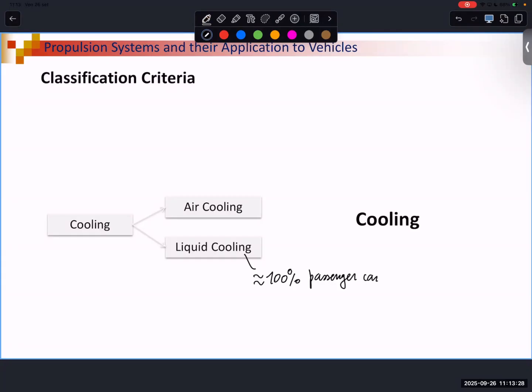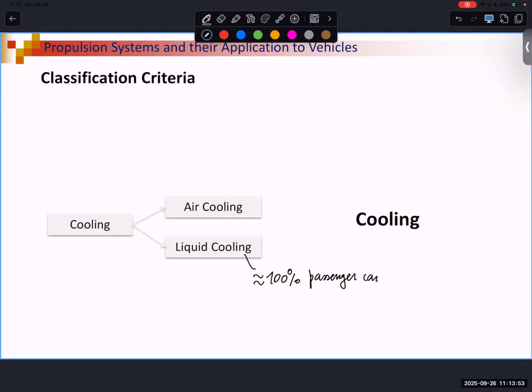Air cooling is maybe also typical of some brands. For instance, Porsche was using air cooling up to not much time ago. But when they decided to increase the power of the engine, particularly switching to turbocharged engines, the air cooling was not enough. And so they decided to use liquid cooling.